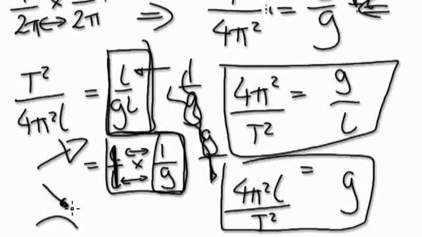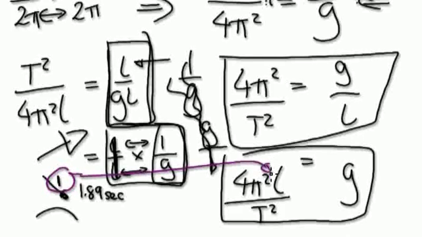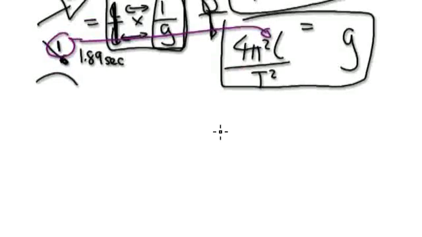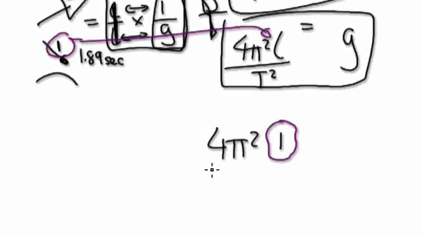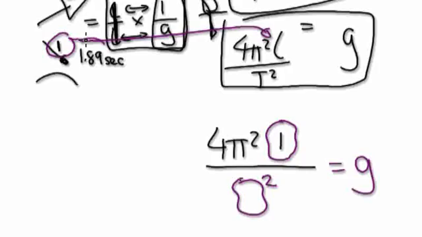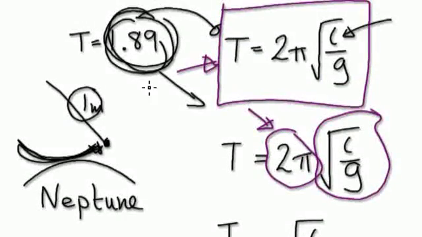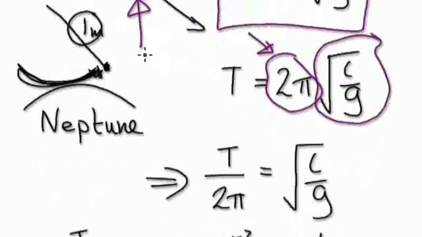Remember, our pendulum is like this. It's 1 meter long, and it takes 1.89 seconds. So now we can substitute into here. Let's substitute it in. So L goes into here. One goes into the L. So it's 4 pi squared, and then remember this is L here, and 1 goes into the L. And then here you've got T squared equals G. Our original problem here is it takes 1.89 seconds.